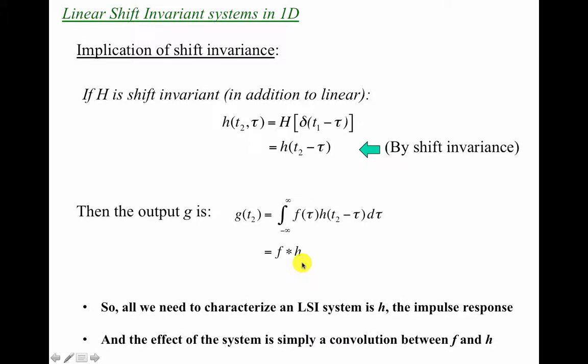In other words, all we need to know in order to fully characterize a linear shift-invariant or linear time-invariant system is knowledge of h, the impulse response, and the effect of this system is simply a convolution between the input f and the impulse response h.